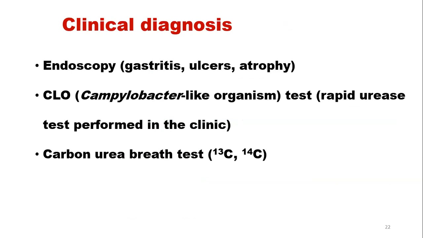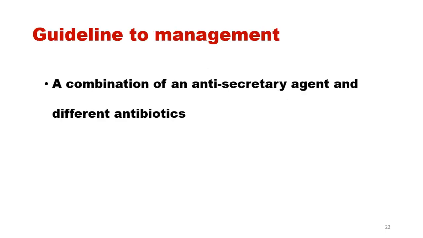In terms of clinical diagnosis, there are other approaches that you can use. You can perform endoscopy. You can perform the CLO, which stands for Campylobacter-like organism test, which is a rapid urease test performed in the clinic. Or you can use the carbon urea breath test, in which you use radioactive carbon.